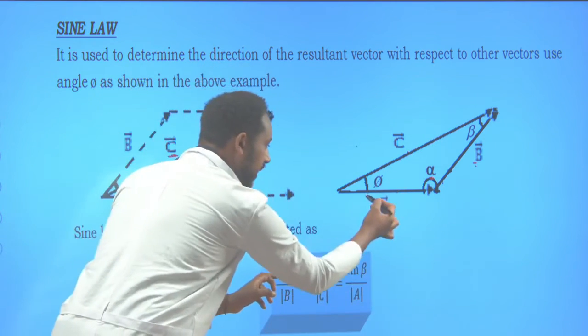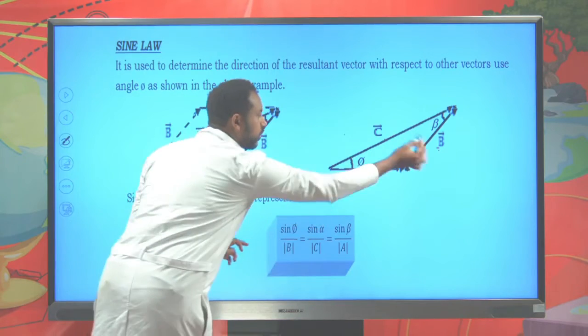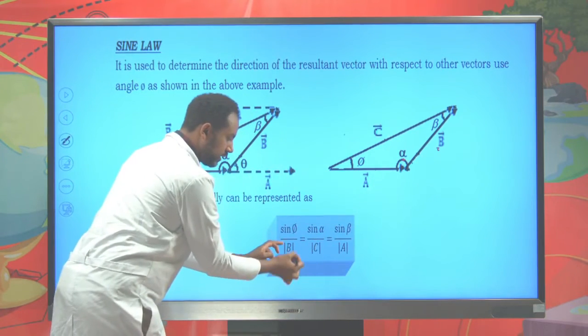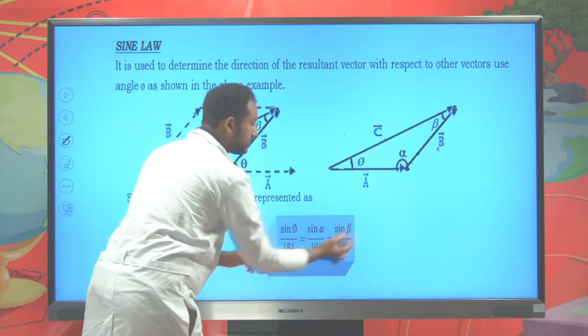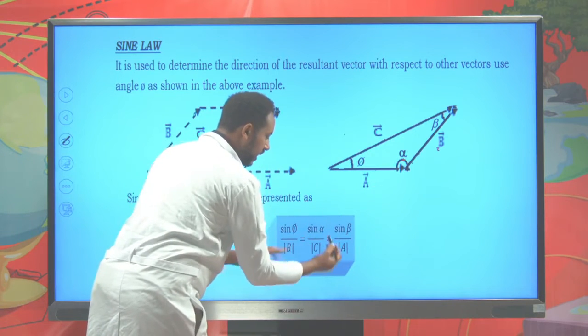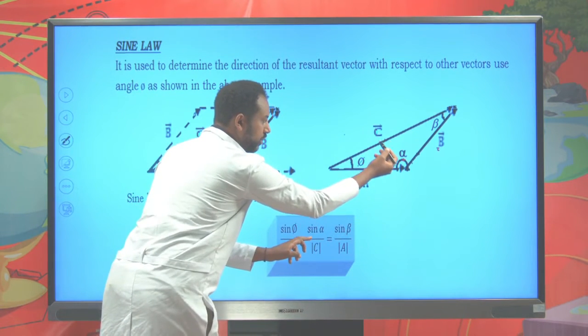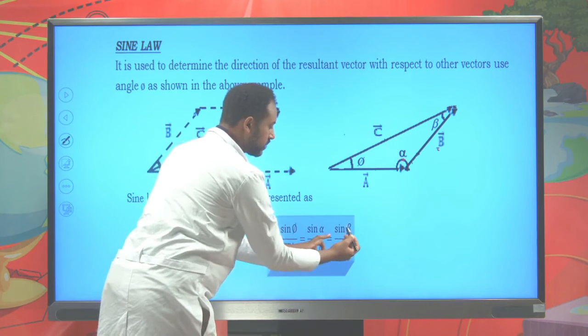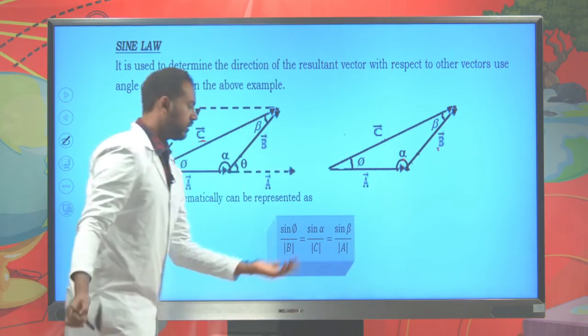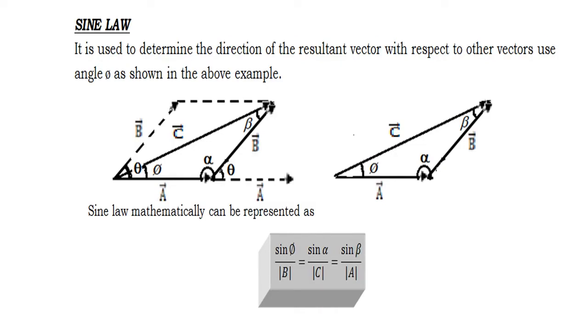Sine phi over the opposite side B, the magnitude of B, is equal to sine alpha over the magnitude opposite to it, C, is equal to sine beta over the magnitude of A. This is known to be the sine law, and the sine law is very helpful to determine the direction of the resultant vector.